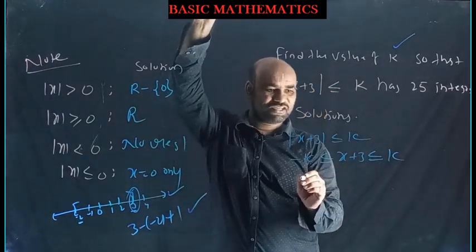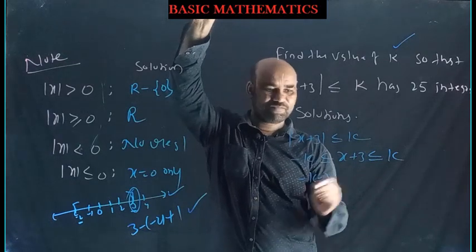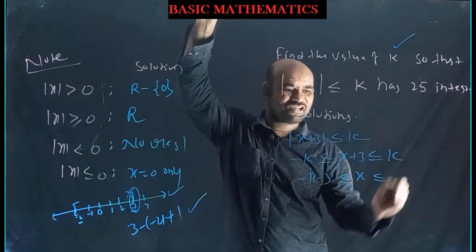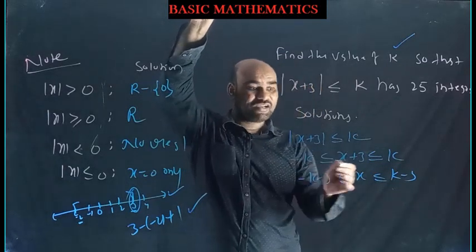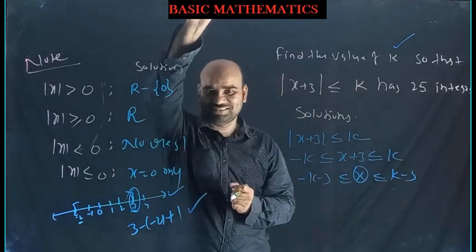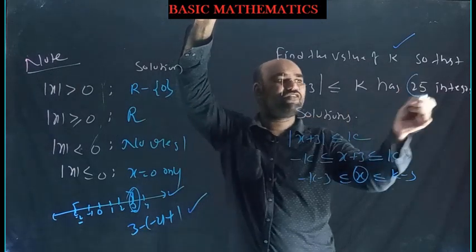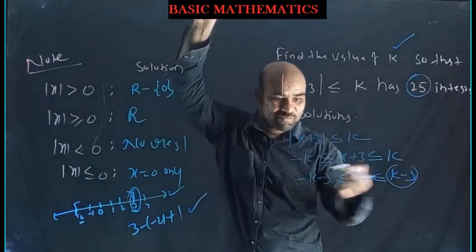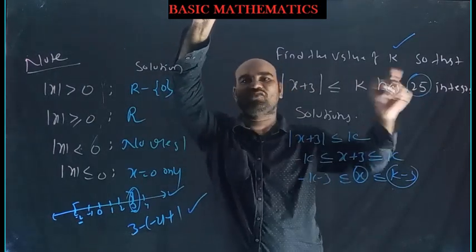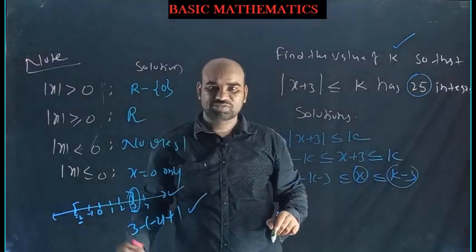So subtracting 3: minus k minus 3 lesser than or equal to x lesser than or equal to k minus 3. Here x should be an integer. How many integers do you want? 25 integers. This minus this plus 1 should be equal to 25 by using this concept.